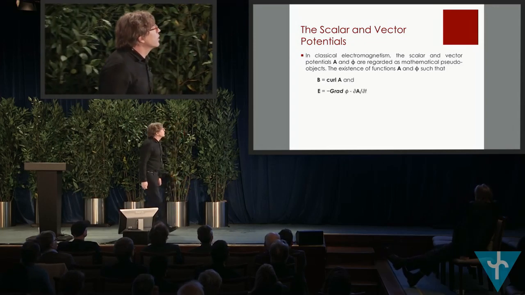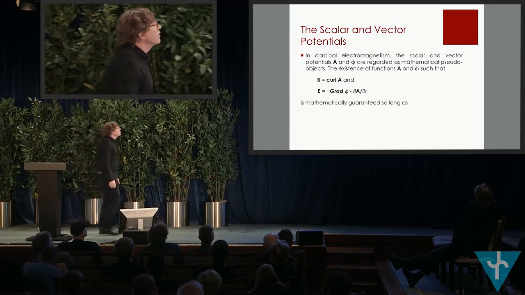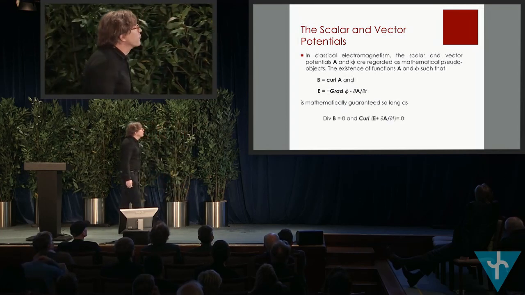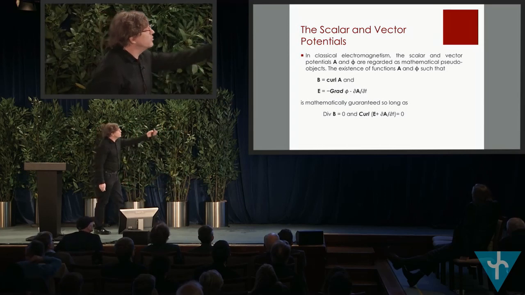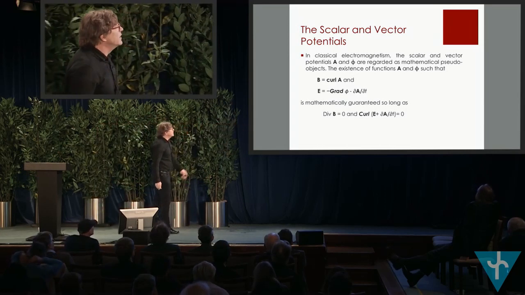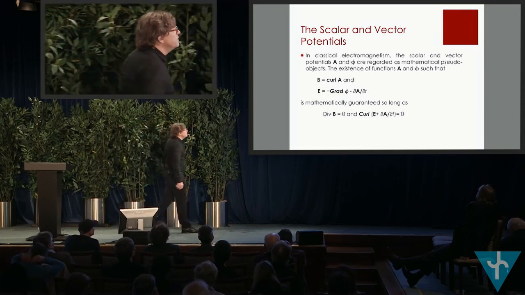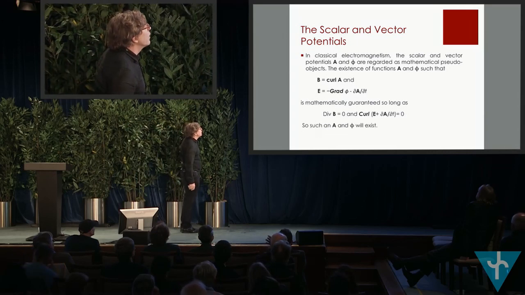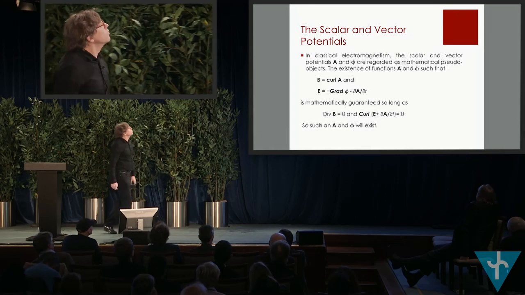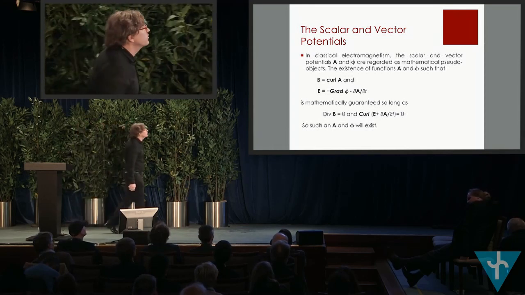The existence of the scalar and vector potentials, A and phi, follows by purely mathematical considerations for any E and B, so long as div B equals 0, and we have that in the nomology, so we're guaranteed of that, and so long as curl E plus dA/dt equals 0, and we can make sure that's right. And so we know that as long as we have E and B that satisfy the equations, A and phi will exist.